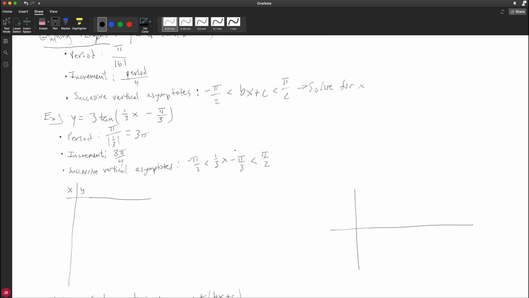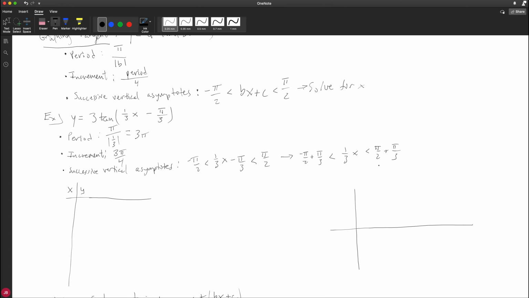So what you're going to do is first behave as if these were equal signs. So first thing you're going to do is add pi over 3, and now instead of to both sides, you add it to all 3 parts, right? So what you get is minus pi over 2 plus pi over 3 less than 1/3 x less than pi over 2 plus pi over 3, right?